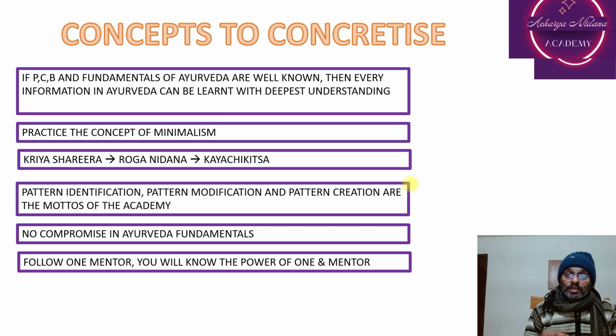If you follow multiple lists, multiple authors, multiple mentors, you are not in a position to decide what you can do and what you have to do. So follow one mentor and look into the patterns, so that you can identify his past thought processes, present thought processes, and predict what the future thought processes might be.